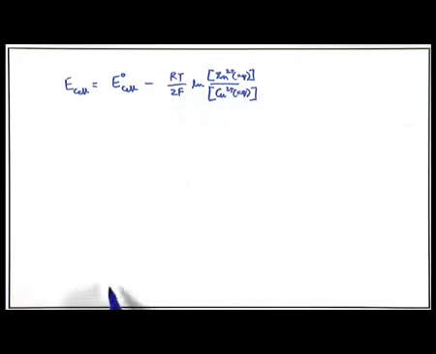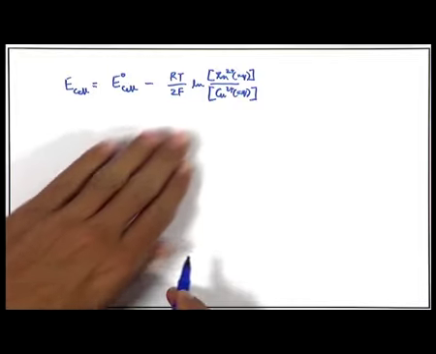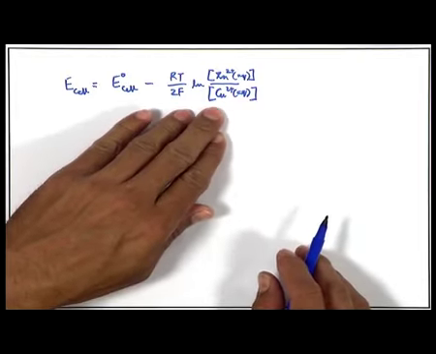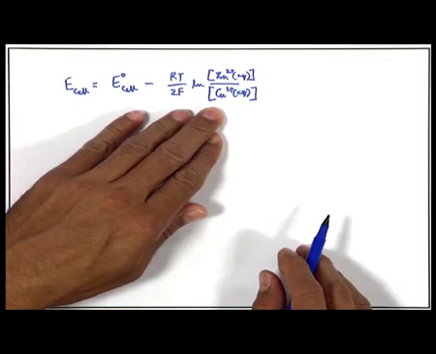So, this is the expression for E cell for this Daniell cell.